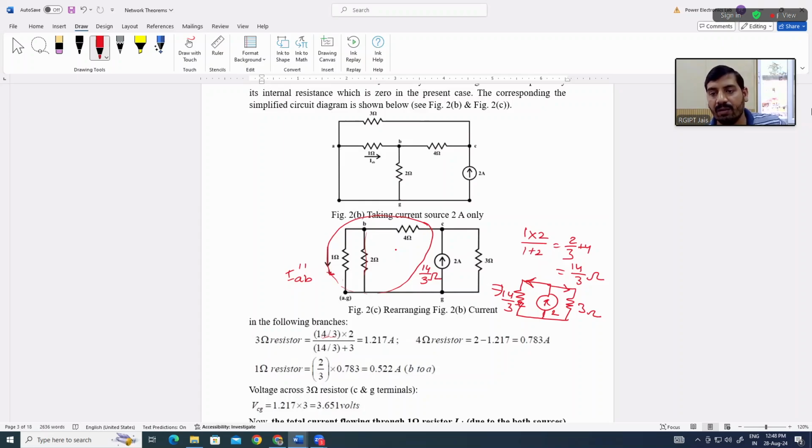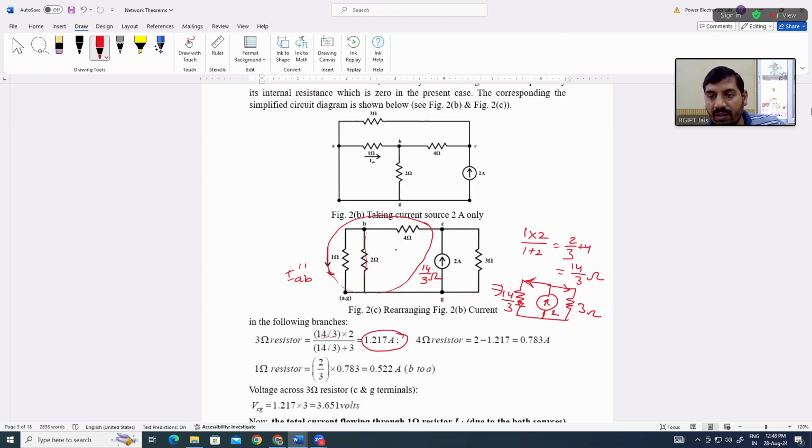Okay. So current flowing through this 3 ohm resistor will be equal to 14 by 3, that will be in the numerator, multiplied by the main current 2 ampere divided by 14 by 3 plus 3, right? So this will be the current flowing through 3 ohm resistor. So the current flowing through this 4 ohm resistor will be equal to 2 minus 1.217.